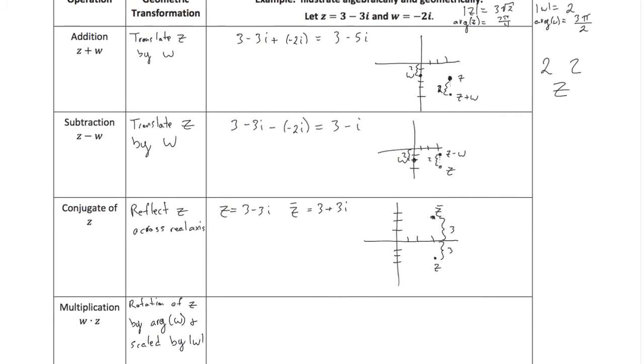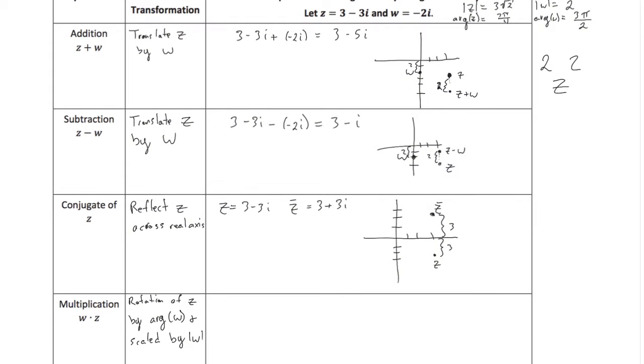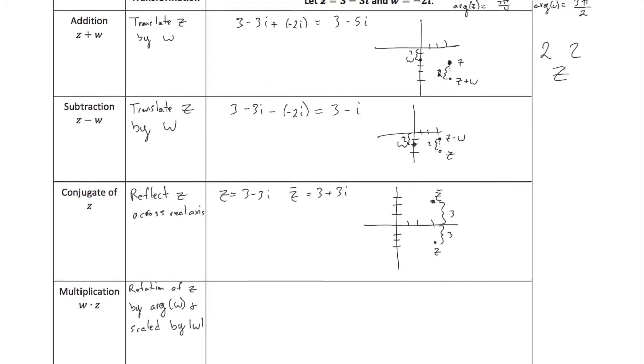Remember Z, the absolute, or modulus Z equals 3 root 2 and arg Z equals 7 pi over 4. So let's do that. So I know that, I learned this, I believe, in lesson 15, equals W times Z. So the modulus of the product, that's what this is right here, the modulus of the product of two complex numbers is equivalent to the product of the moduli.